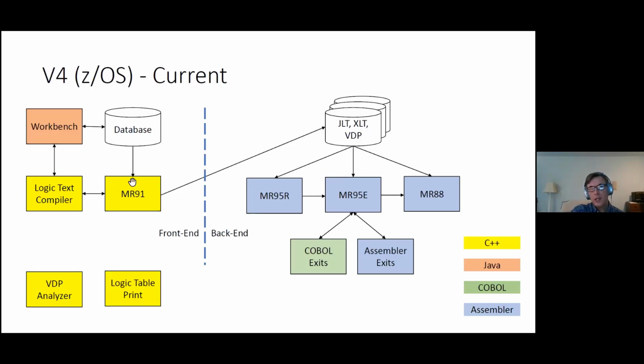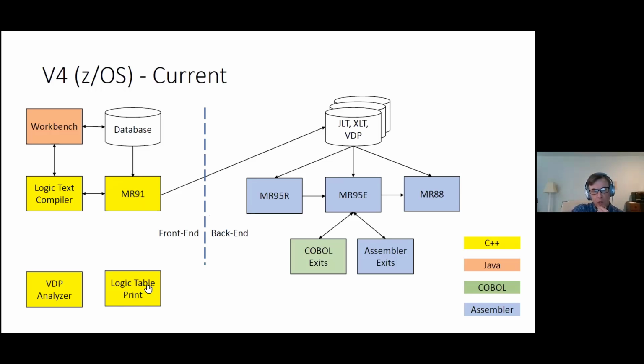And then in the batch process, we have our MR91 process, which can take the information out of the database and then create these, what we're going to call run control files up here in the upper right: the join logic table, the extract logic table, and the view definition parameters file. And so basically, that's the interface between the front end and the back end. There's many different processes that could create those 3 files, but currently this is all we have.